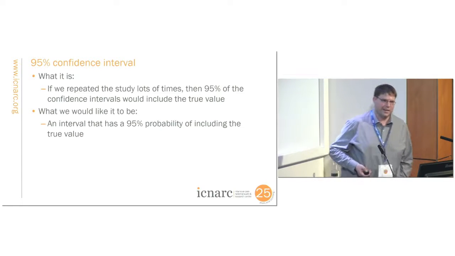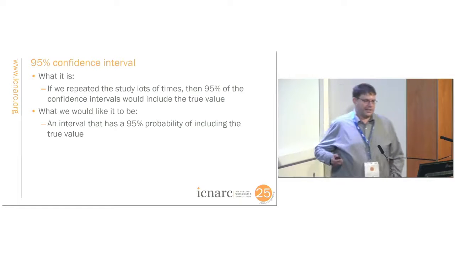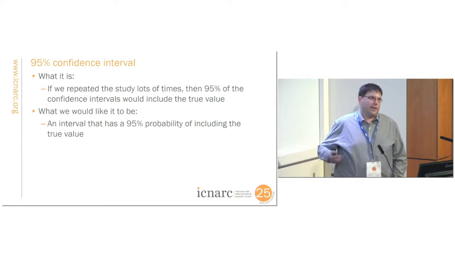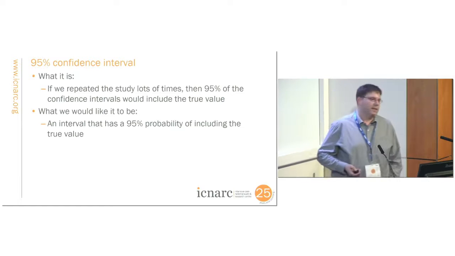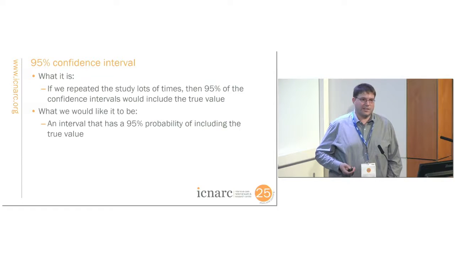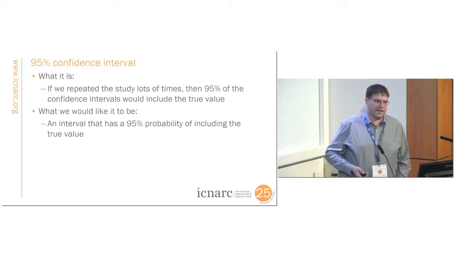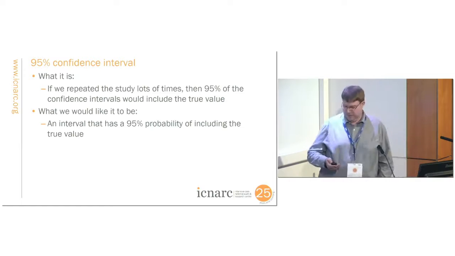It's not quite the same thing. And what we'd like it to be, as you say, is that interval with a 95% probability. We've already shown you that is a Bayesian 95% credible interval. So really, when we're interpreting confidence intervals, we almost always wrongly interpret them as if they were credible intervals.